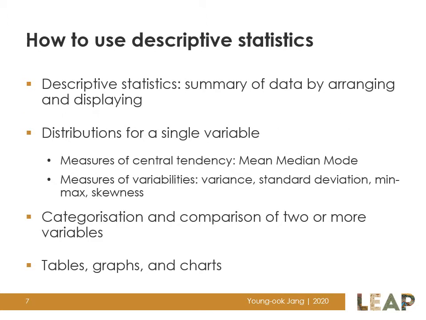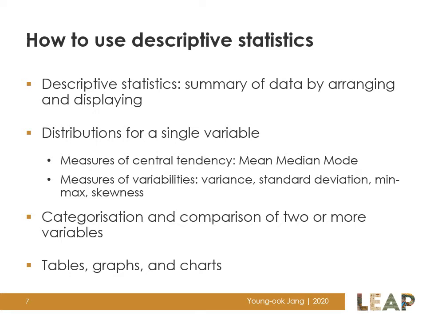And in quantitative research, the first thing that you would need to have a look at is descriptive statistics. So descriptive statistics is basically the summary of data. And you can get the summary of data by arranging and displaying the raw data, right?